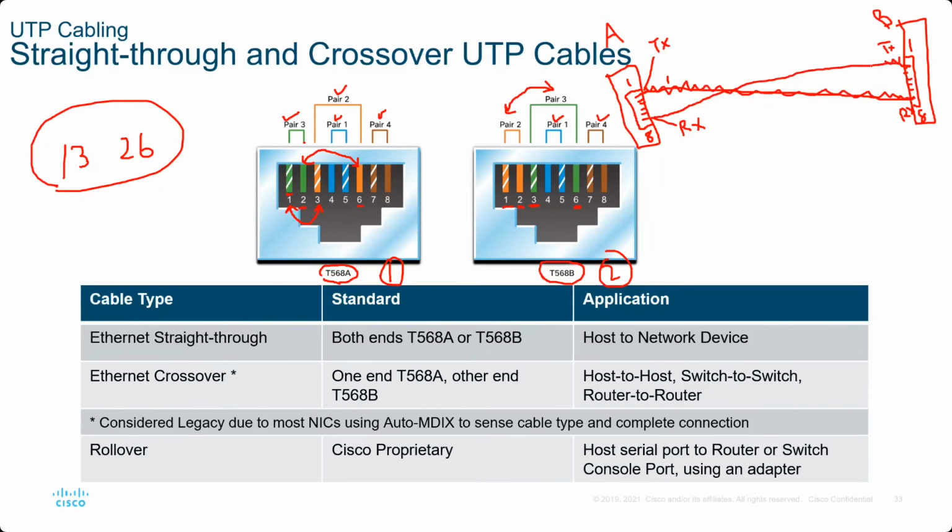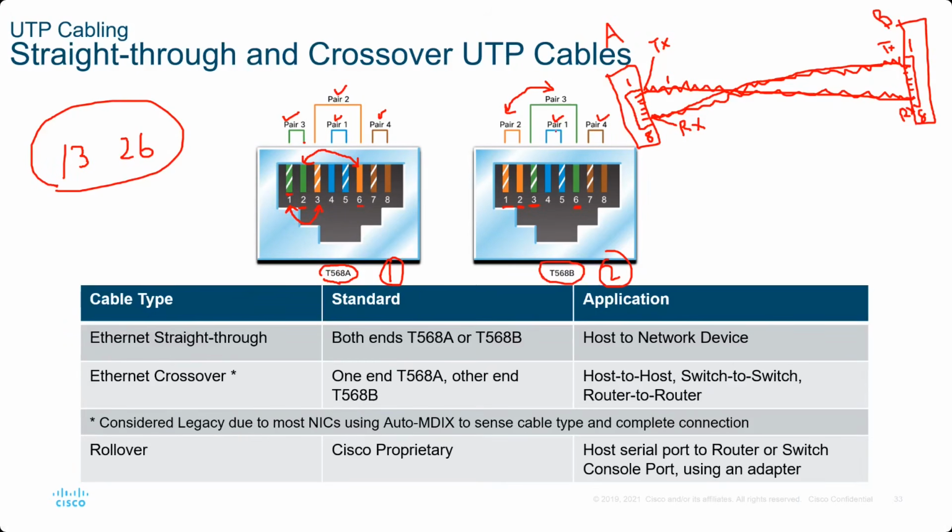Similarly, the other computer, when it sends something on pin number 1, it is received on pin number 8. So that's why you need to cross the cables inside the UTP cable so that they are cross-connected.